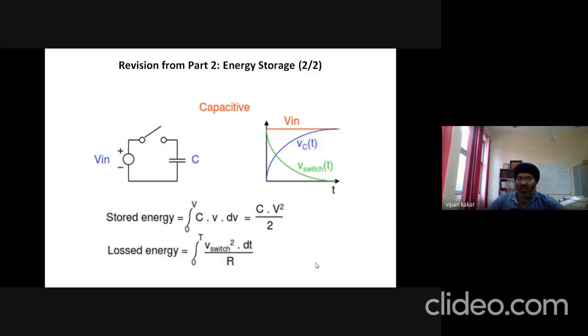So for the complete one time cycle, power loss is 0, so 100% efficiency. But if we consider this switch not to be ideal, still it is close to ideal. These values will be very low, so we can have quite a good amount of efficiency. We will see later on as we proceed with the buck converters and all.